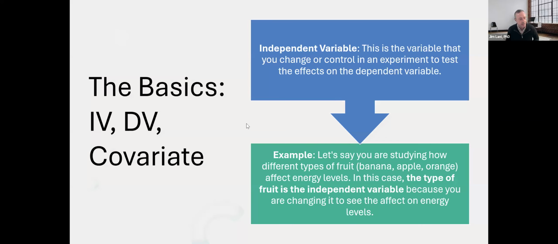We also need to know about independent and dependent variables and covariates. Roughly speaking, the independent variable is the thing that the experimenter can control or does control, and the outcome variable, or the dependent variable, is what the respondent is responsible for, or the response dependent upon the person or participant.